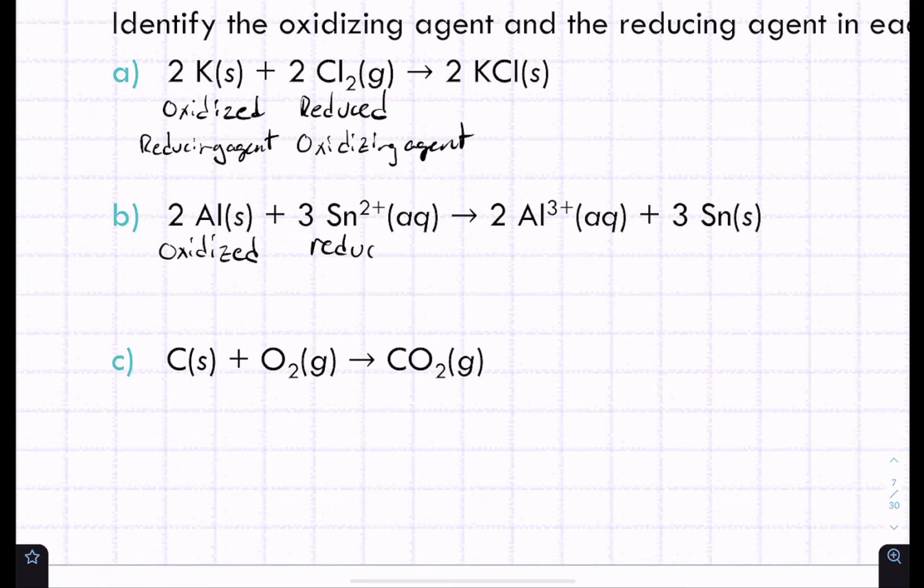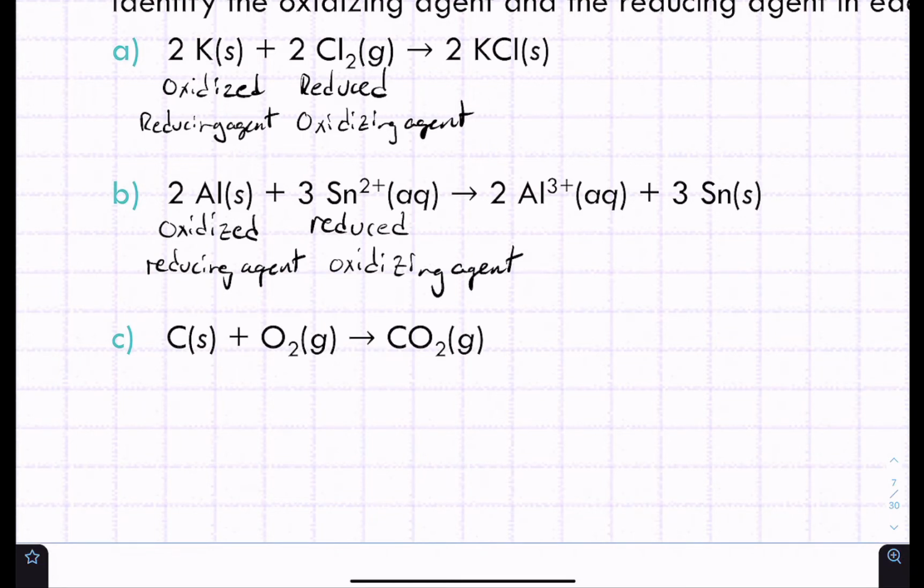And so now we flip it. So the oxidized species is the reducing agent, and the reduced species is the oxidizing agent.